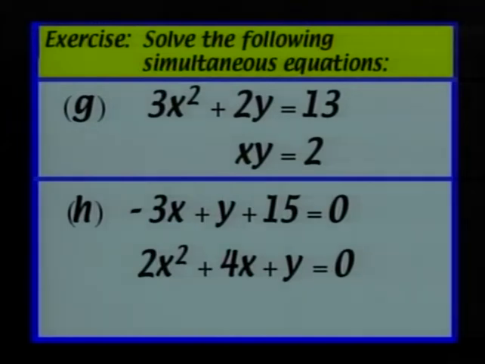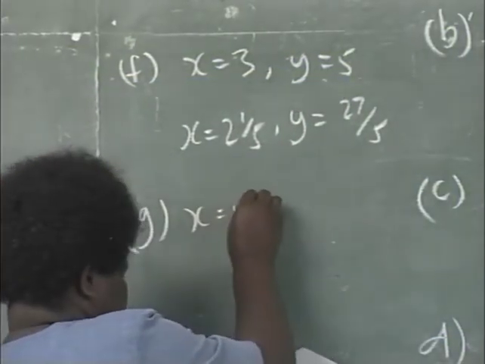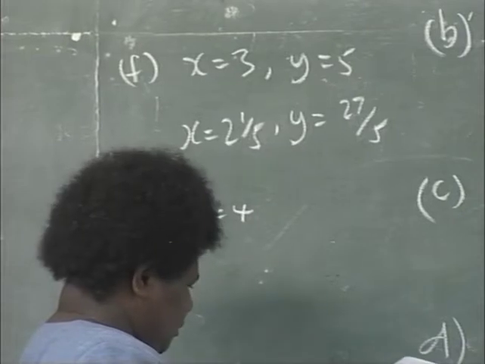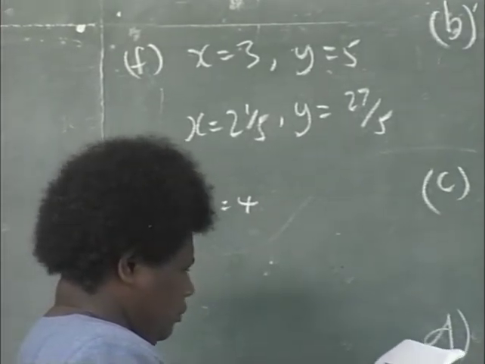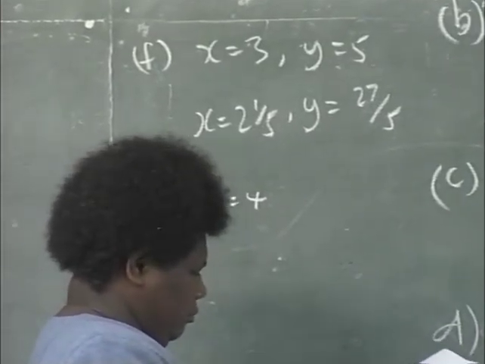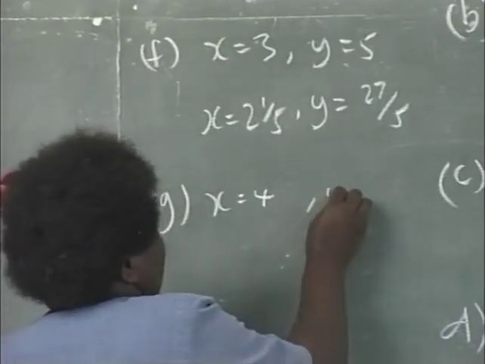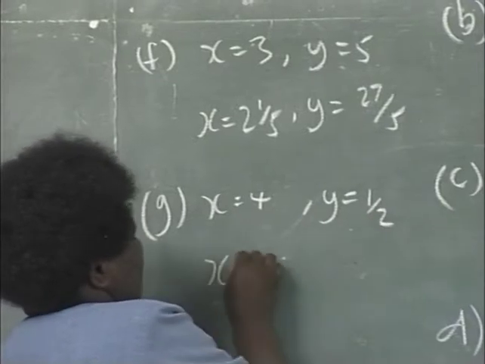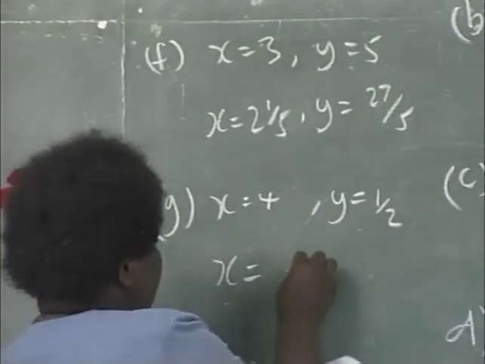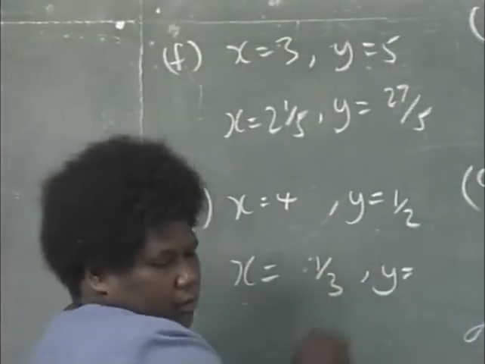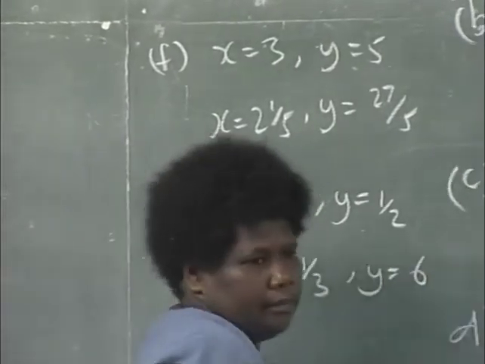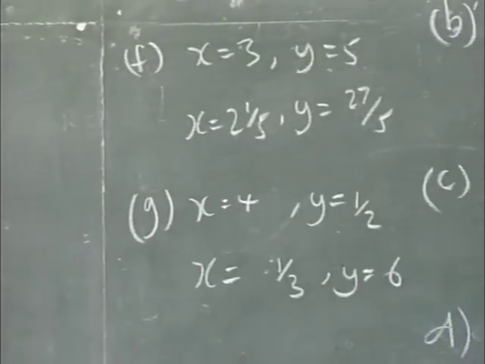So if it is 3x plus 2y equals 13 and xy equals 2, then the answers will be when x is 4, y is a half, and when x is 1/3, y is 6. All right, those are the answers for letter G.